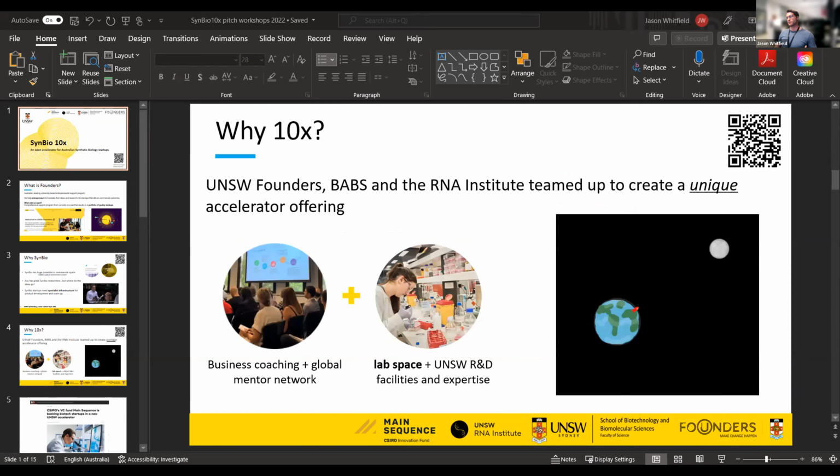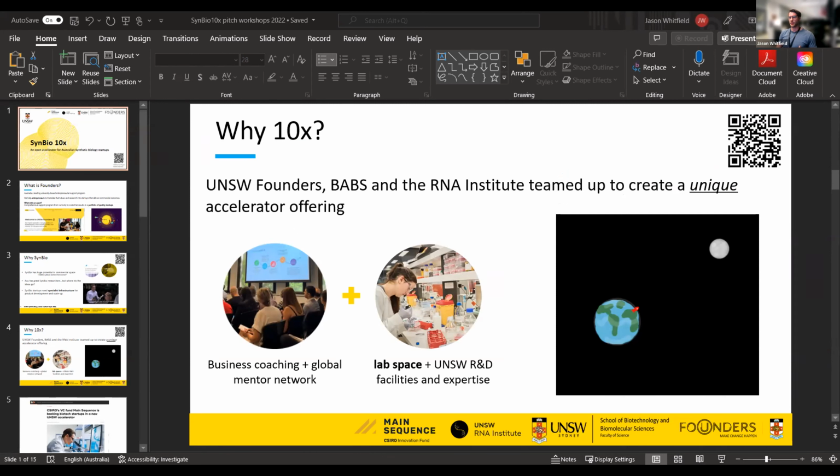And that really leads me into why 10x. UNSW Founders has a really great track record of creating really good accelerator programs, so our flagship industry-agnostic 10x program, and also the national program Health 10x, which I think is now into its 4th cohort.